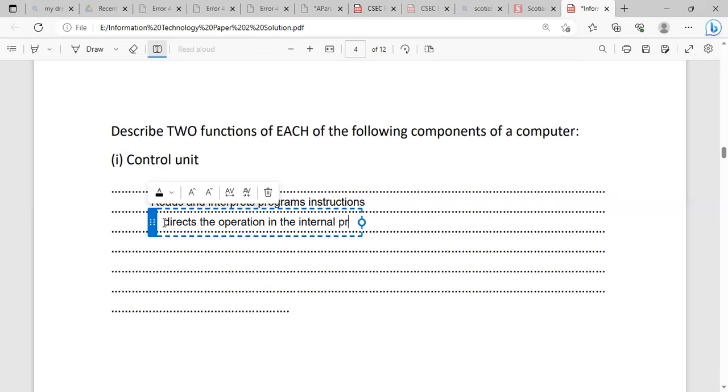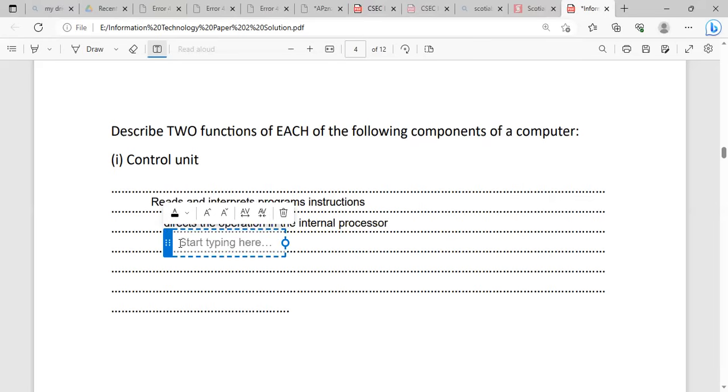Can somebody type in another function, even though they had said two? Everybody's supposed to be in the comment section so everybody can learn from each other. It also controls, as it says, control unit, right? So obviously it controls a lot of things. And guys, you're in control of your future. So it controls the flow of programs.